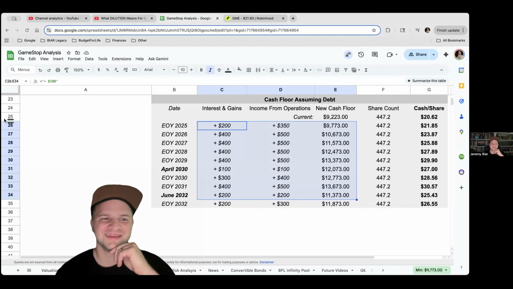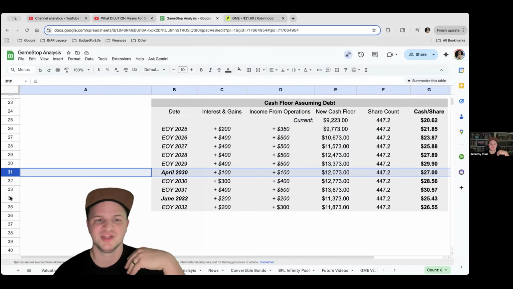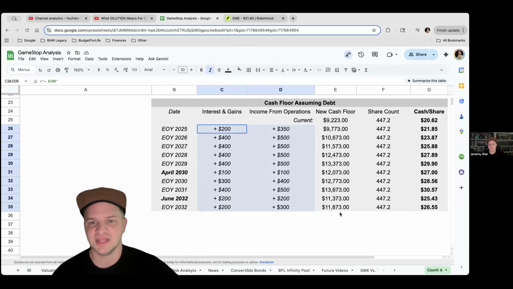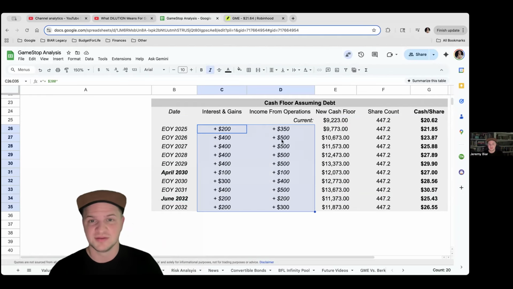So if you want to pull forward the debt, then you also pull forward the income. And that doesn't work in the bear's favor, right? Because the income is 5.8 billion over that same period of time.